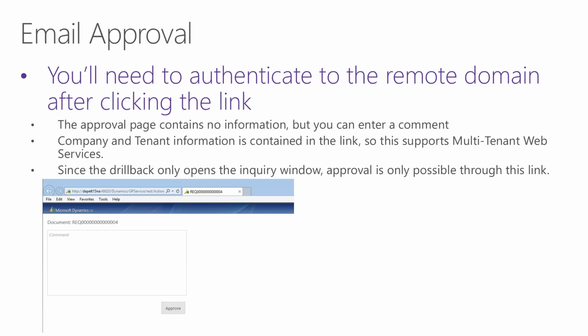For the email approval, you'll need to authenticate to the remote domain after clicking the link. So again, that link at the top is going to look for the connection information, it's going to look for web services, and the drill back only opens the inquiry window. Approval is only possible through the link.